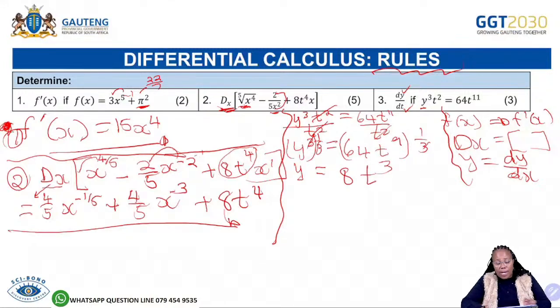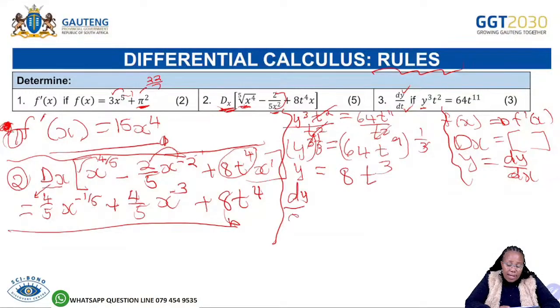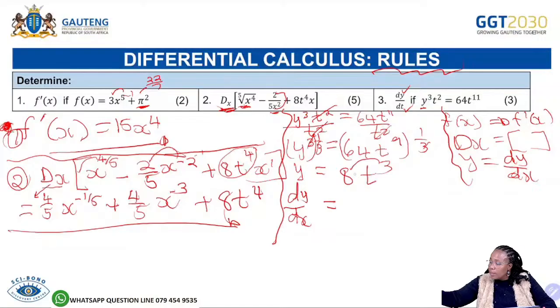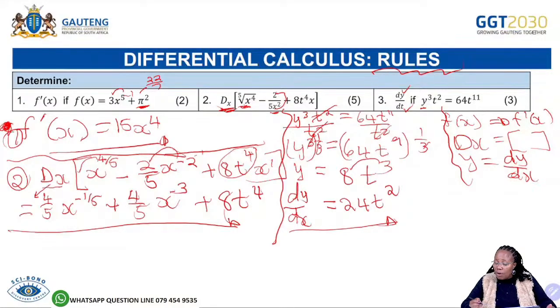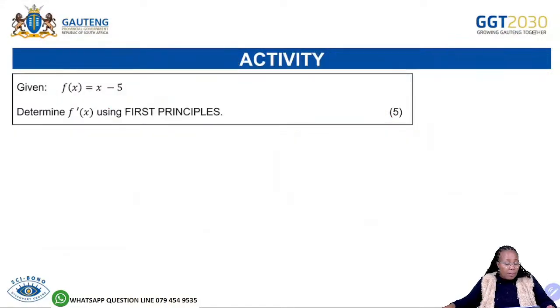You will be left with 8t to the power 3. And then derive dy/dt. This will be 3 times 8, which is how much? 8, 16, 24. This will give us 24t to the power 2, grade 12. Therefore, that is the derivative of that particular problem.